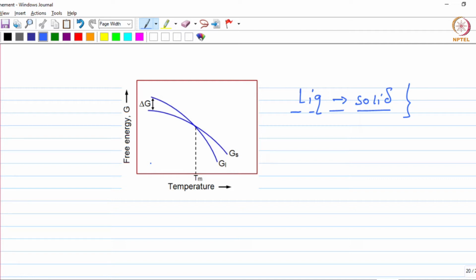So it will try and reach an equilibrium and there will be no driving force for the solidification to continue. And you can also see it from here that right at the melting point, delta G is 0, right? So we do not have the driving force for the solidification to continue. Only when you reduce the temperature below the melting point, the solid will start to form, right?